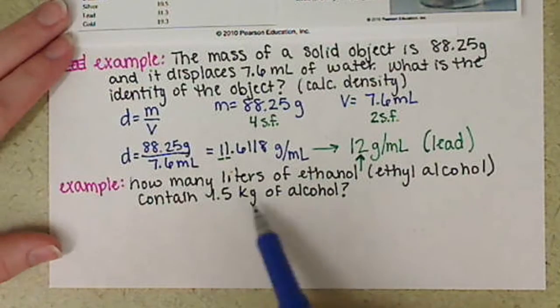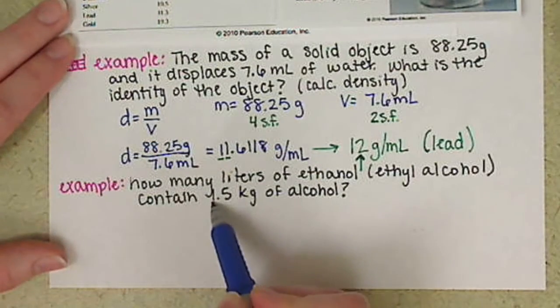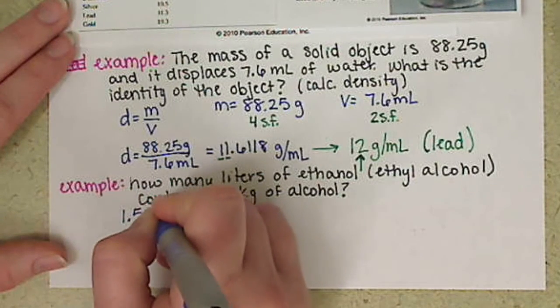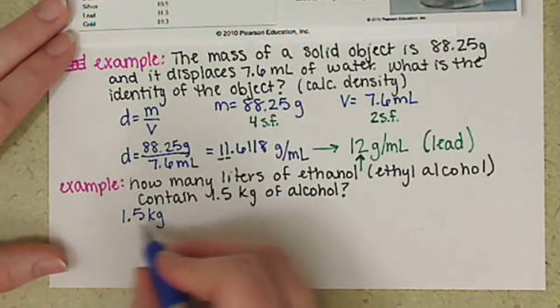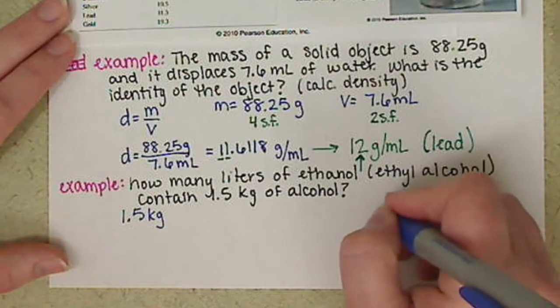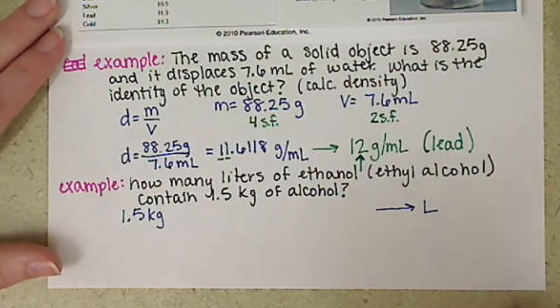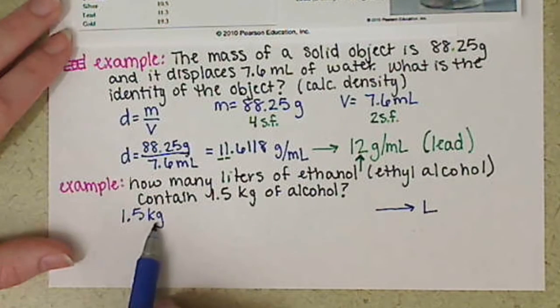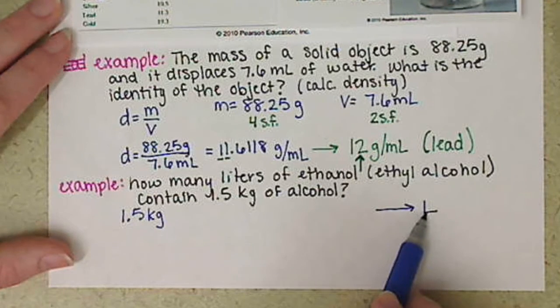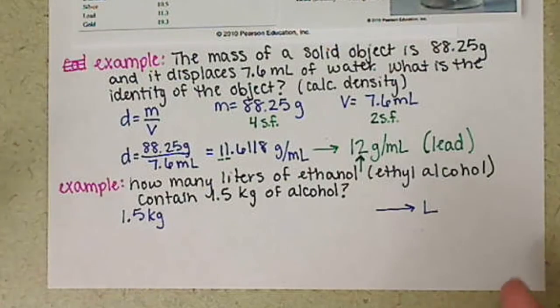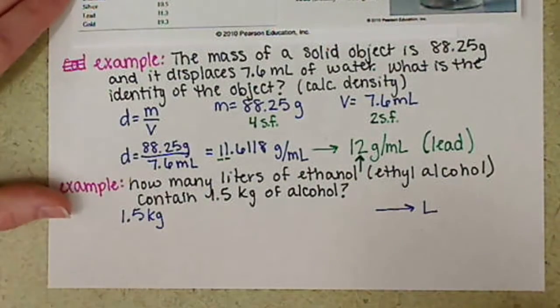So we're going to start with something we're given, our 1.5 kilograms, and we want to eventually calculate to how many liters. Anytime we're starting with a mass and ending with a volume, we know we're going to use density.